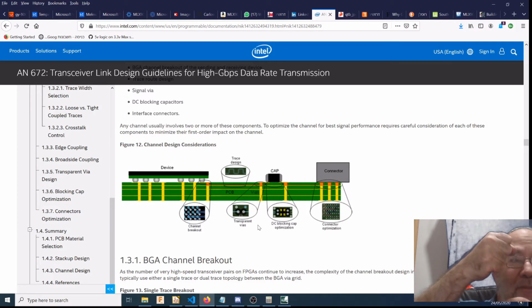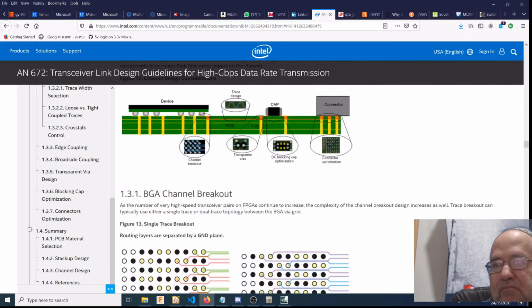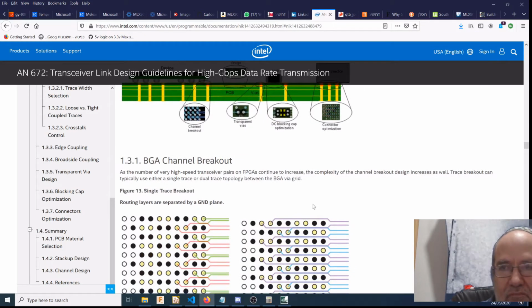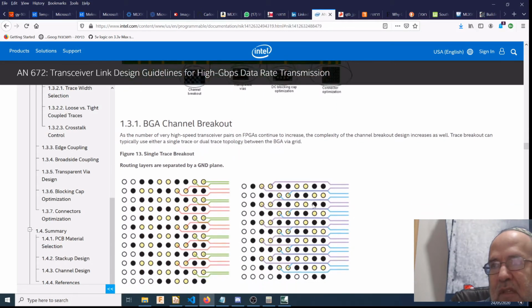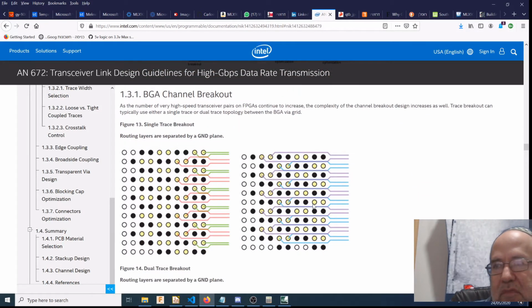The ball is going to come down onto the pad. And from the pad, you're going to go away into the middle between the pads and create a via. One can see here the via and your trace design.